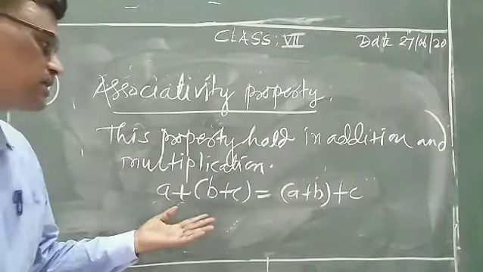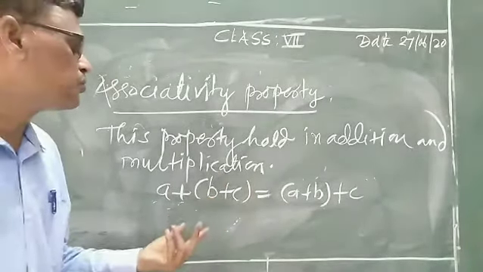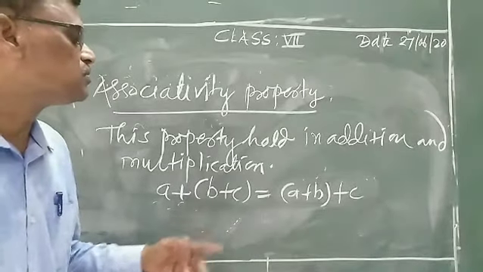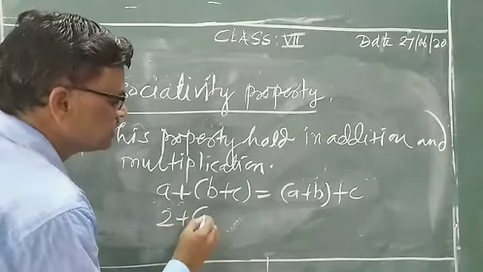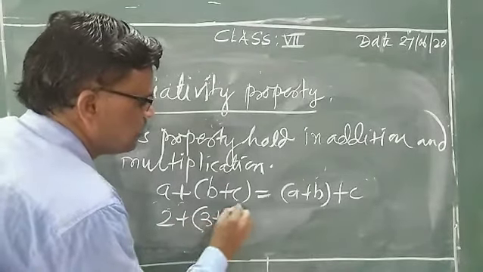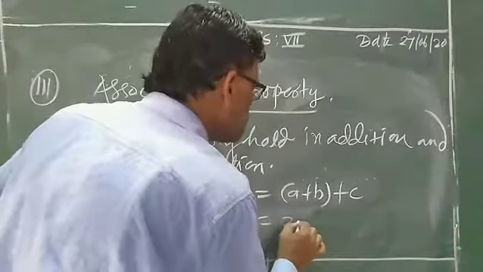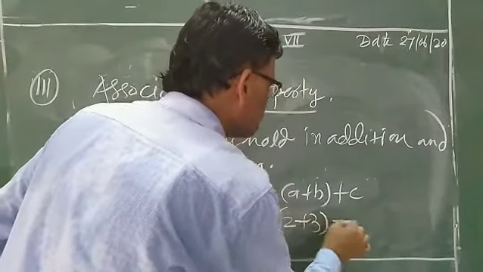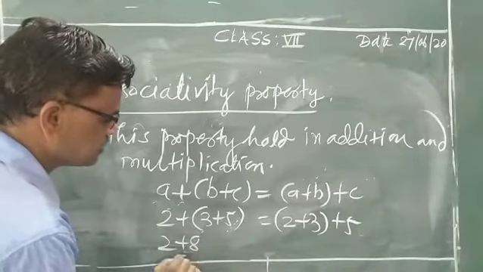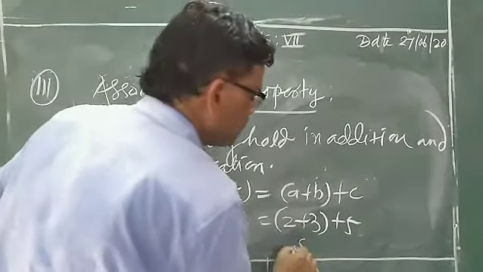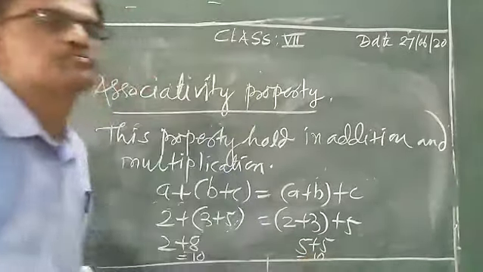That means the sum does not change by grouping the numbers. For example, 2 plus 3 plus 5: here 2 plus 8 is equal to 10, and 5 plus 5 is equal to 10.